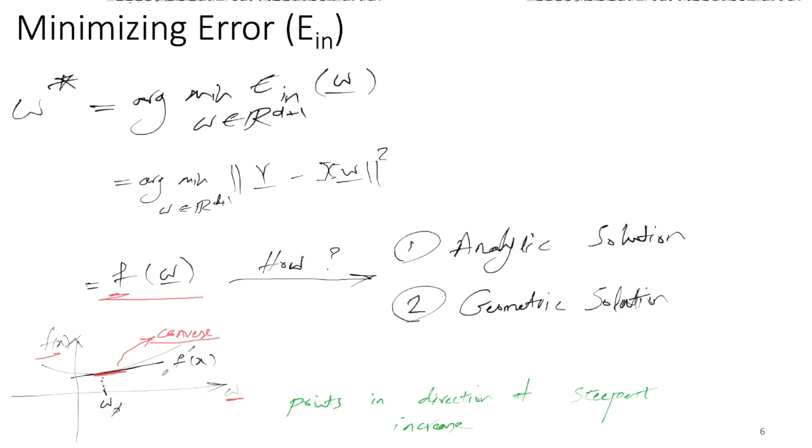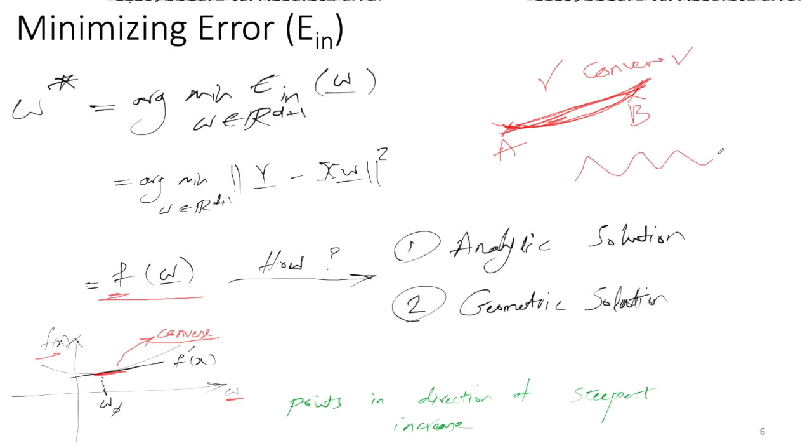In optimization, we call a function convex like this one. If you pick any two points, A and B, and you draw a line between them, that line becomes either on the function or inside the function. So this is a convex function.